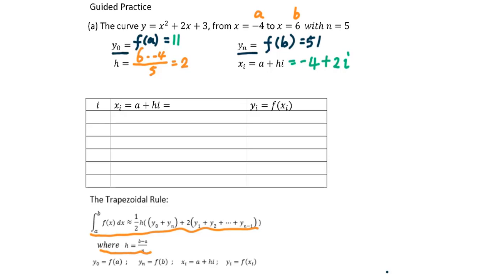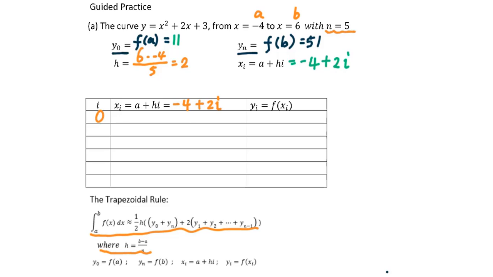You put them into the graphing calculator, and you will get y0 equals 11 and y sub n equals 51. So xi equals negative 4 plus 2i, for this i, and n equals 5.